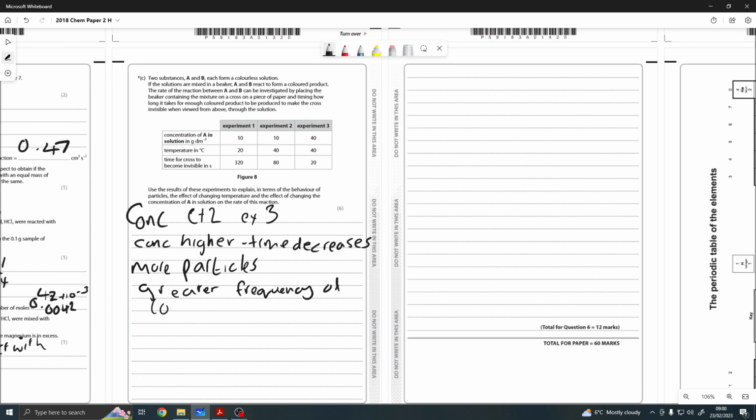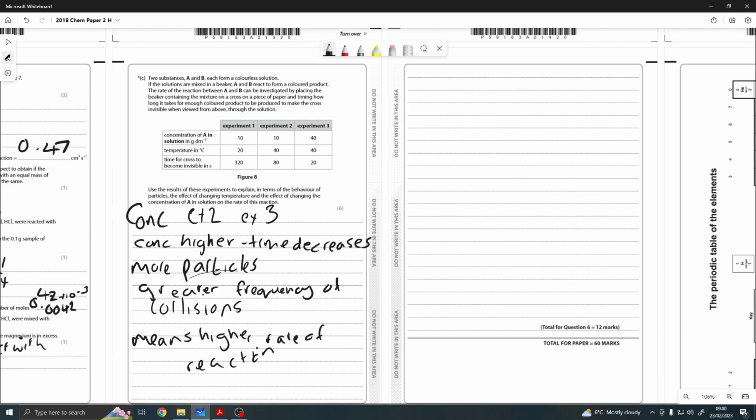Remember, don't just say collisions. You've got to say frequency, or something to indicate it's collisions per unit of time rather than just collisions. A greater frequency of collisions means a higher rate of reaction.